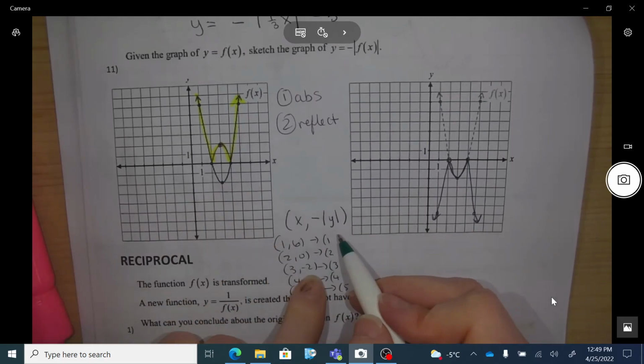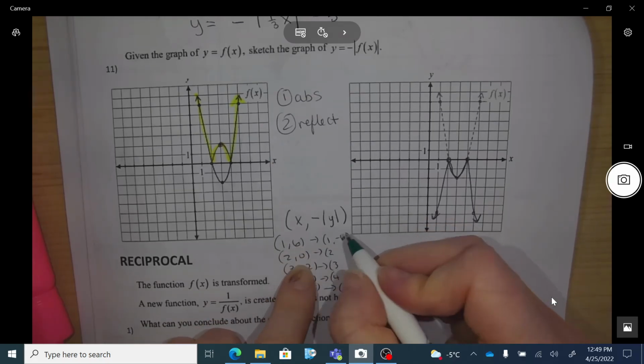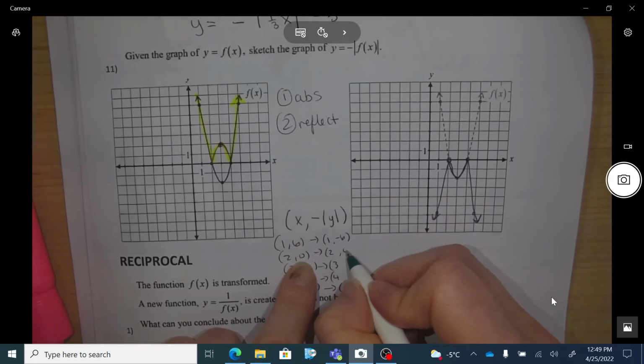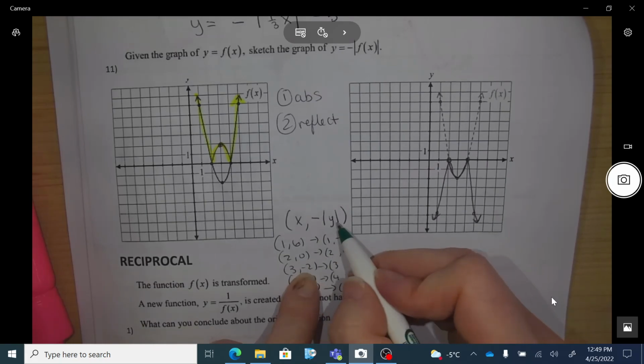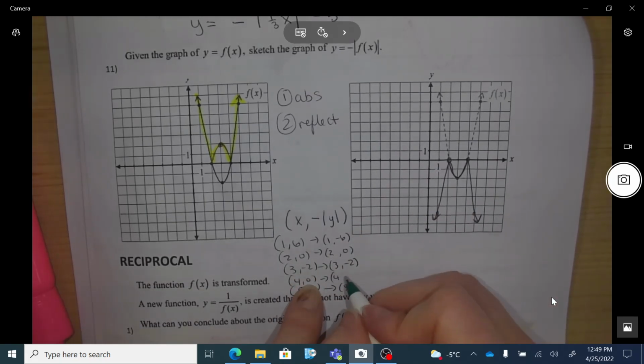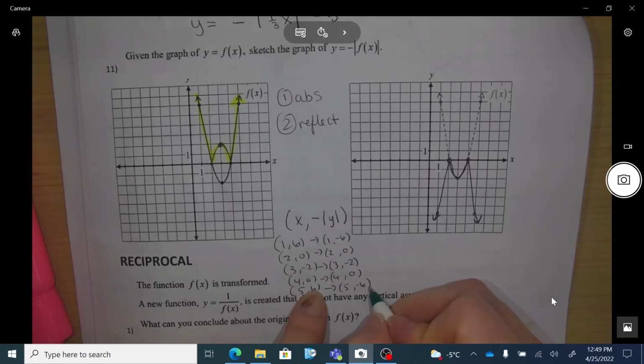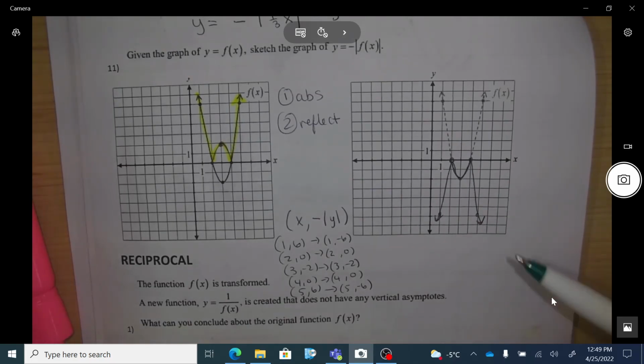So you're going to go absolute and then negate it. So absolute is 6 and then negative 6. Absolute is 0, negative 0. So absolute is 2 and then negate it. 0 and then, so it's still 0. The absolute is still 6 and then negative 6. So that's how you get all those points.